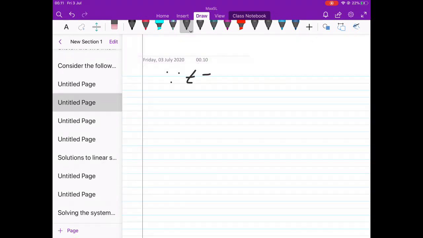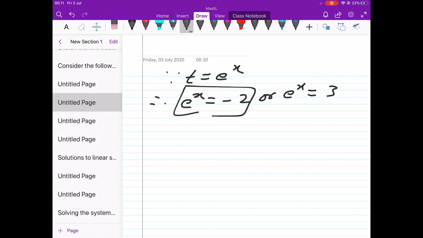Since t is equal to e raised to power x, therefore e raised to power x is equal to negative 2 or e raised to power x is equal to 3. The first is not possible, as e raised to power x equal to negative 2 is not possible for any real value of x.